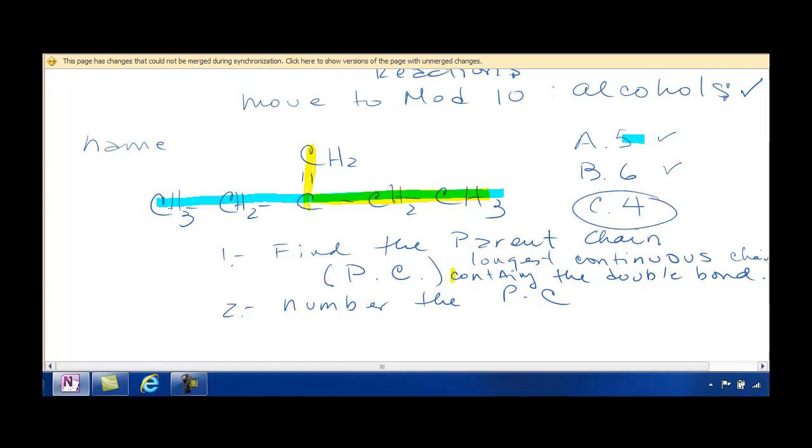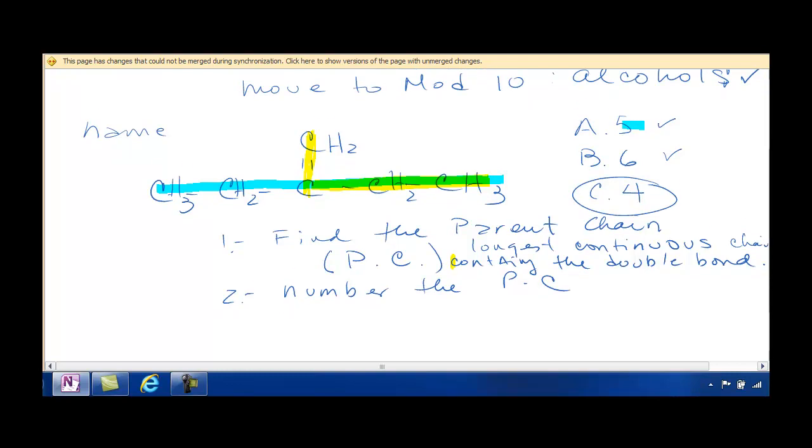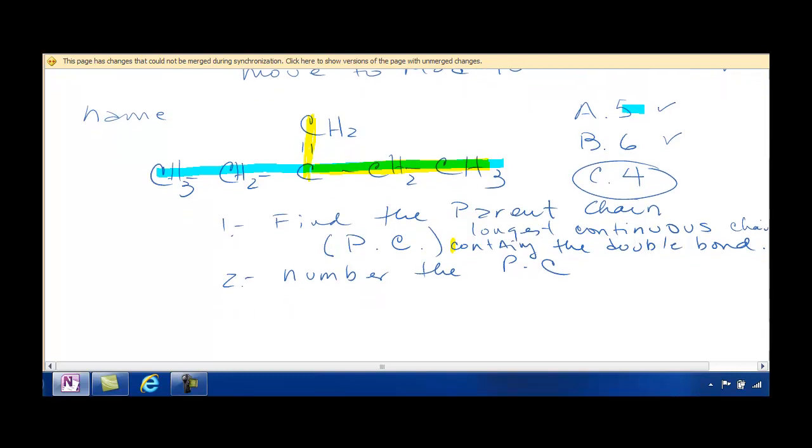This cannot be the parent chain because it doesn't contain the double bond. Today we're going to sprinkle in other things like alcohol groups, and your parent chain must contain the alcohol group, the OH group. Up to now we've just had parent chains trimmed with methyls and ethyls and propyls and chloros and bromos.